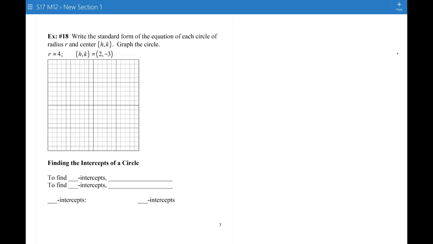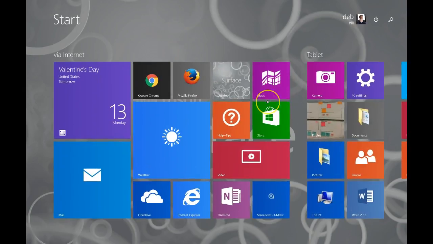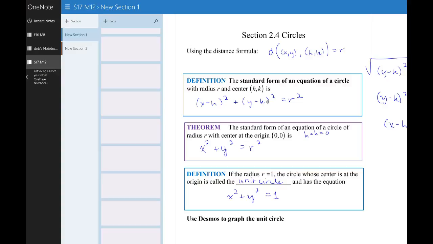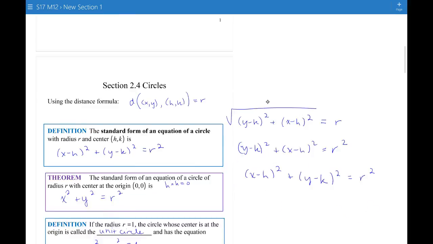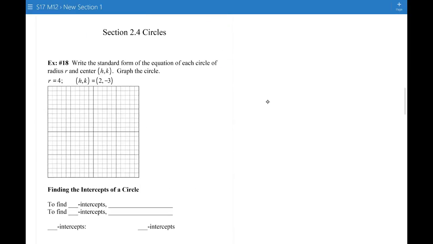Okay, so let's write the standard form of the equation of a circle of radius 4 and center (2, -3). So we'd have x minus 2 quantity squared plus y minus negative 3 quantity squared equals 4 squared. So that would look like x minus 2 squared plus y plus 3 squared equals 16.